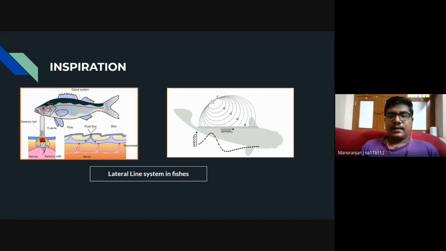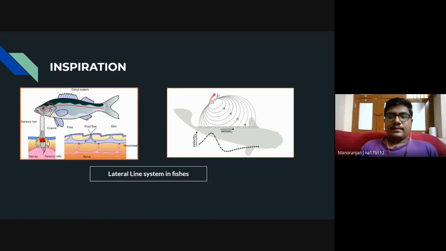So how does this help, you may ask? This picture will give us a better understanding of how they are using it. One example you see here is, assume this as a big fish, say a shark. It will have a lateral line along this, which you can assume as a sensor present in the shark.